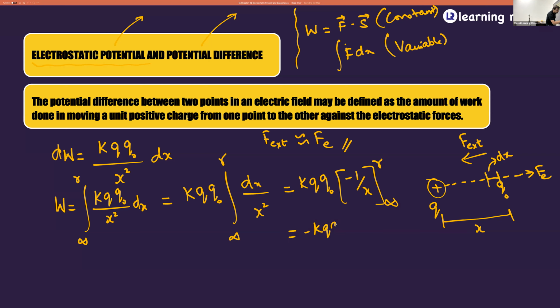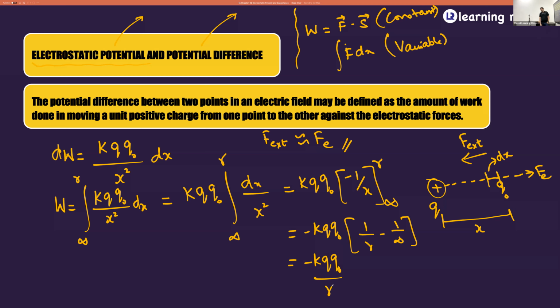So minus KQ Q naught multiplied with 1 divided by r minus 1 divided by infinity, meaning the upper limit minus the lower limit. So this will be equal to minus KQ Q naught into 1 divided by r.